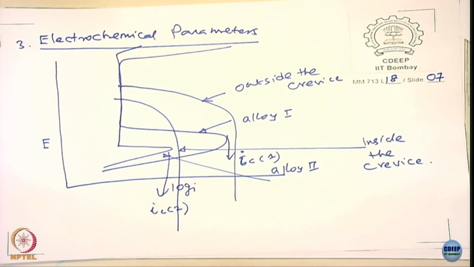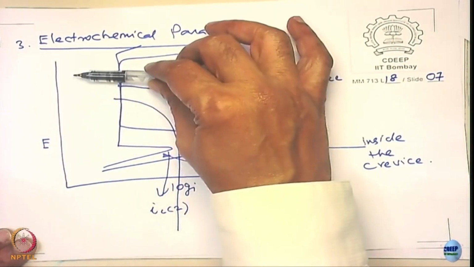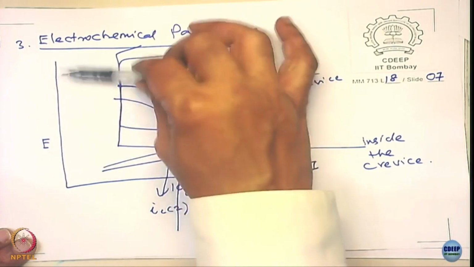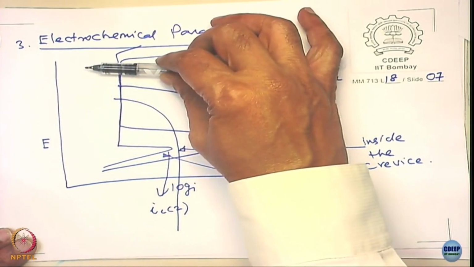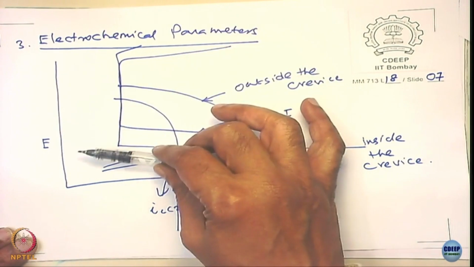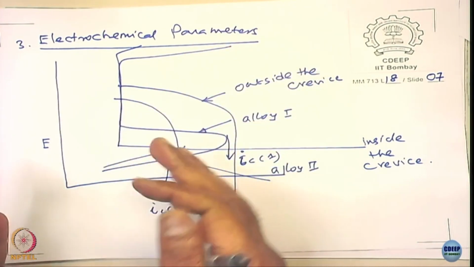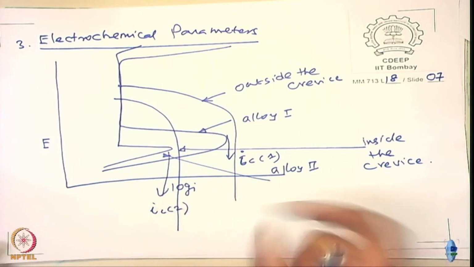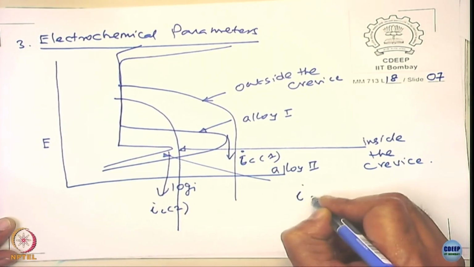So that means the electrochemical parameters influence it. Similarly, what Dorothy has been talking about, suppose I move the passive potential higher and higher, you will see that the crevice corrosion tendency will keep increasing. The ability to passivate at negative potential makes the alloy more stable. So the two parameters that are important: one is IC.